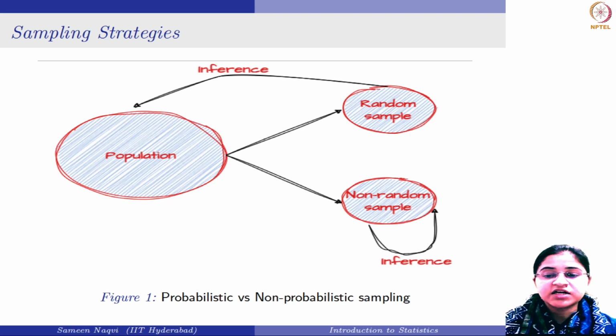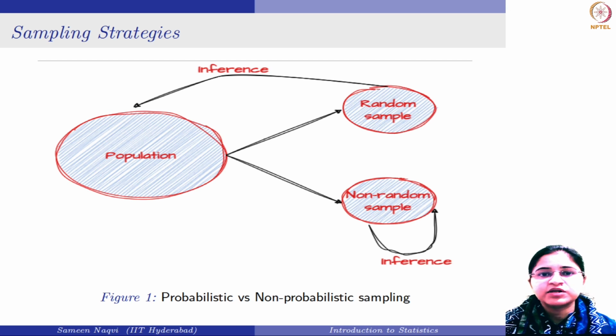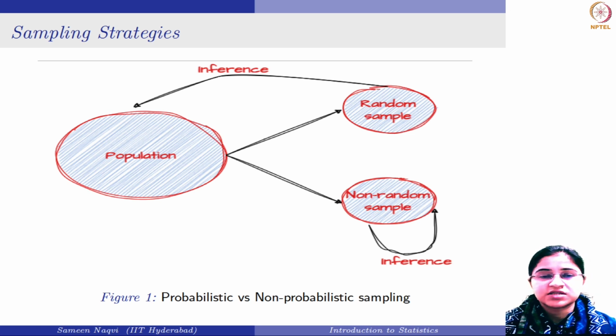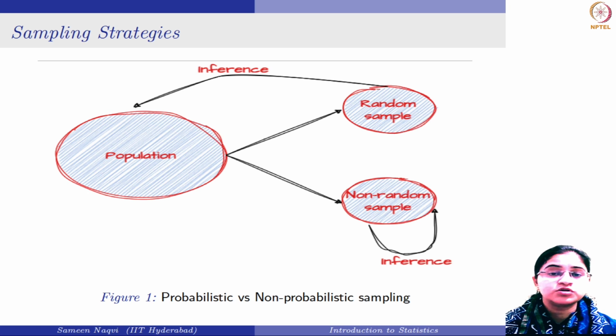However, when you have collected a non-random sample, for instance, when you are focusing on convenience sampling, collecting data by just standing outside the auditorium or just standing outside the shopping mall, in that case, whatever conclusions or inferences you draw from that analysis will be restricted to that sample itself. You cannot say that this holds true for the entire population.